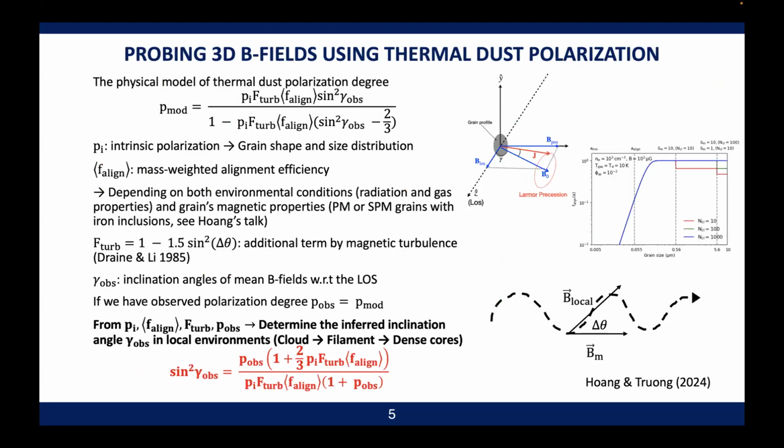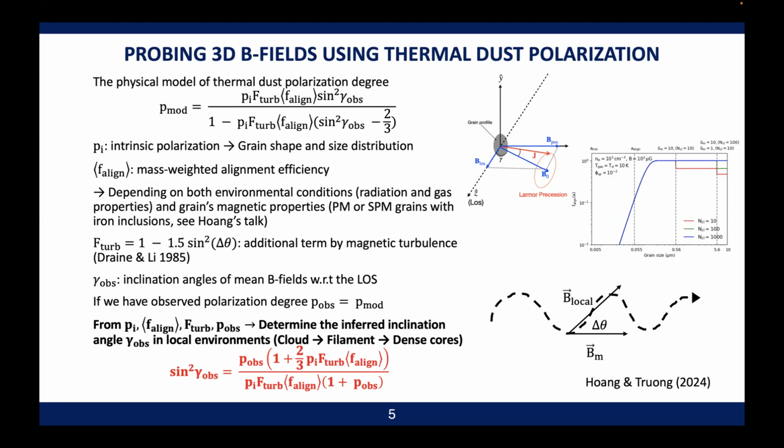Firstly, we developed the new technique to trace the 3D magnetic field using the polarization of thermal dust emission. In order to do that, we developed a physical model of the thermal dust polarization degree, as shown in this formula. And this depends on four main factors. Firstly, is P_I. This is the polarization from the intrinsic dust property, and this depends on the grain shape and also the size distribution of the grain in the local environment.